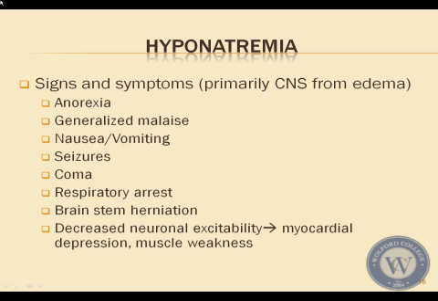They will develop generalized malaise, anorexia, nausea, and vomiting. If hyponatremia gets very severe, it will induce seizures and even coma and death, including respiratory arrest. If the hyponatremia occurs too fast, it may cause the brain to develop herniation.